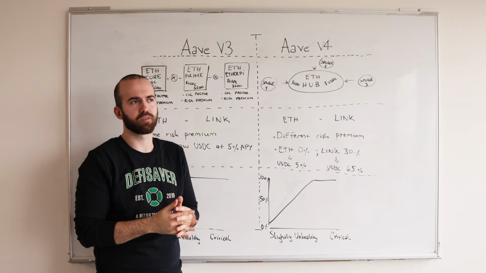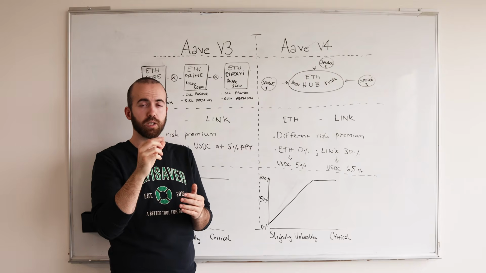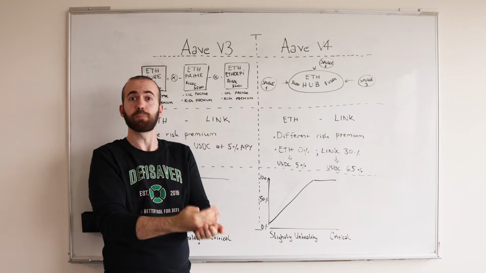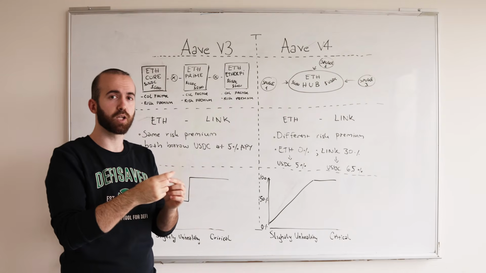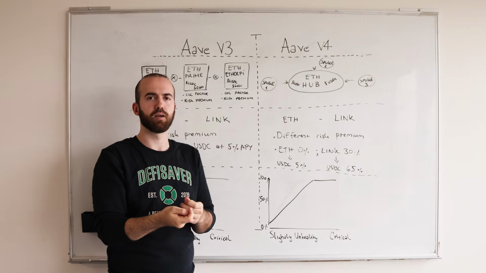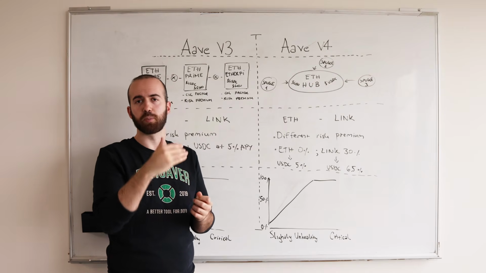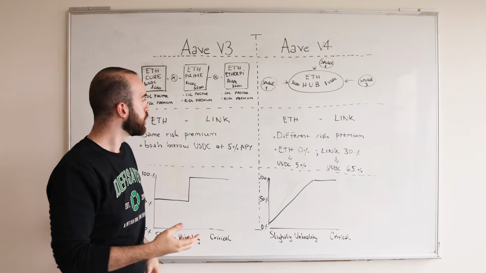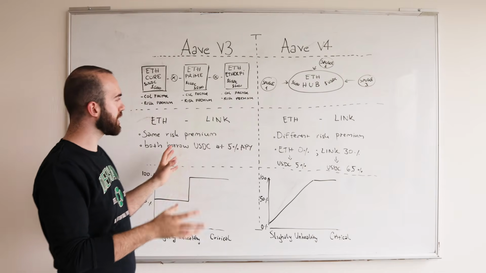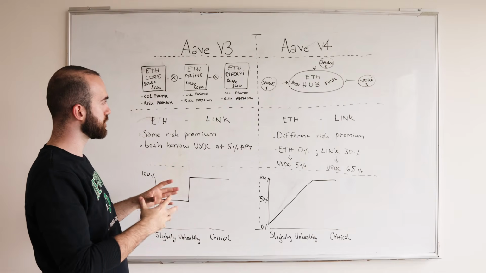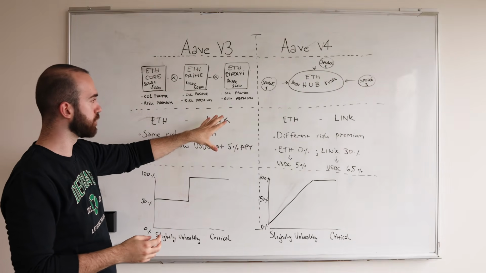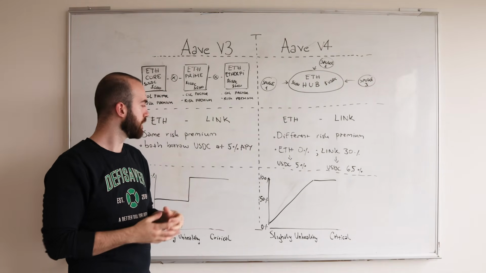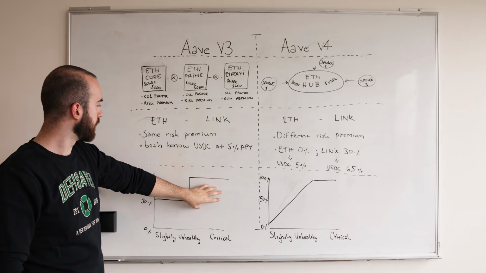Since you can imagine that if the target health ratio is very low, it might cause repeat liquidations to happen, instead of one that might cause a bit of a bigger liquidation, but then it won't repeat if the position remains above 1. So these are the three main factors that Aave V4 is tackling. We're looking at liquidity, risk premium, which also affects the yield, and then the liquidations.